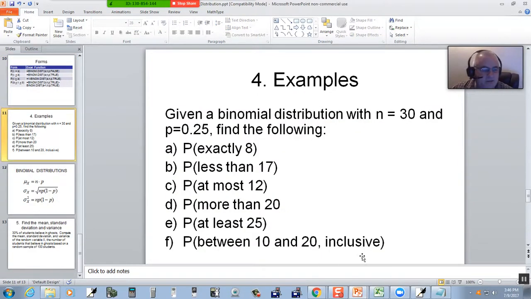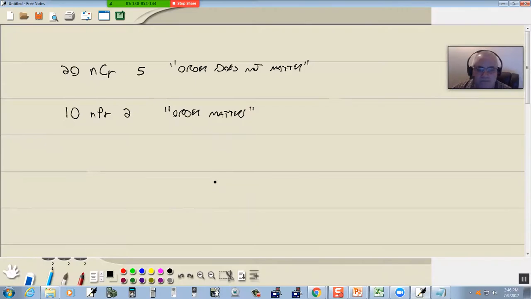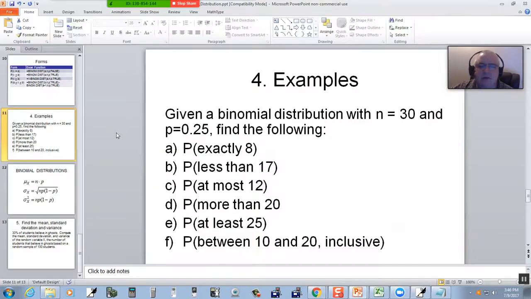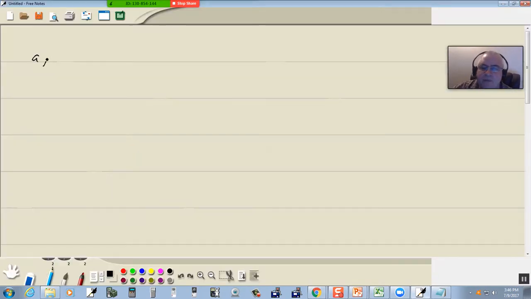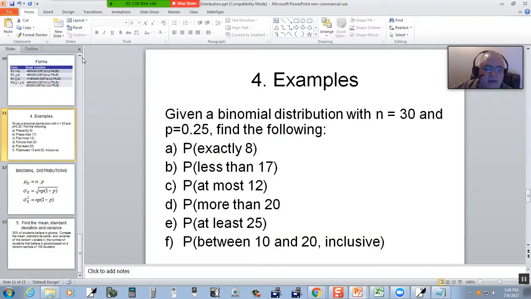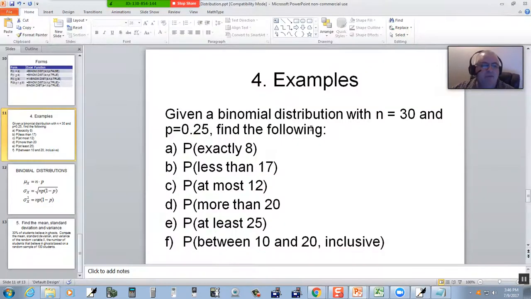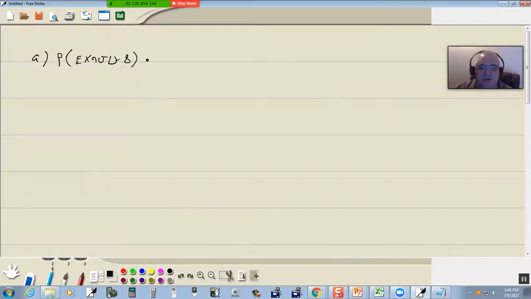Okay, so let's look at some examples. We got probability of exactly 8. Up above, they tell us n is 30 and p is 0.25, and it's binomial distribution.